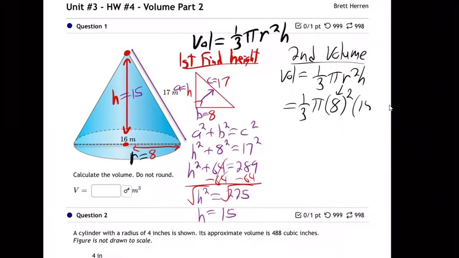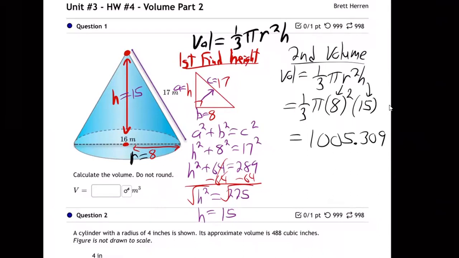And the height, we just did a bunch of work to find the height. That's 15. So hit the buttons on your calculator, which I'm doing too. I'm getting 1005.309.